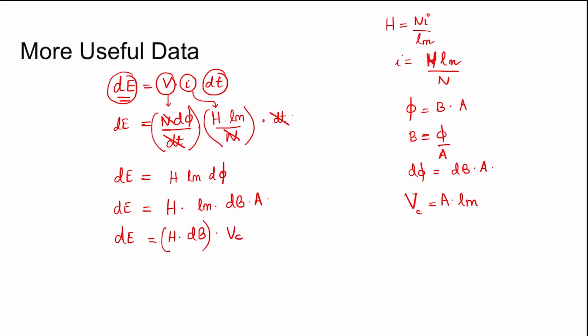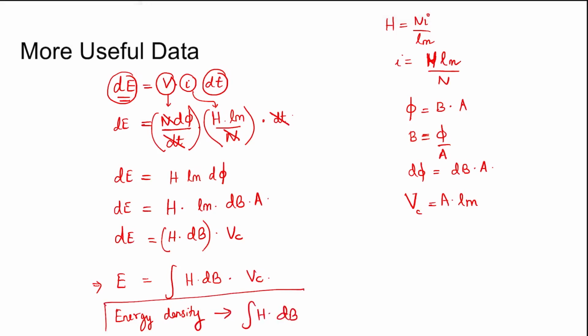Now energy hence is integral H dB into Vc. Now energy density, that is energy per volume of core, is integral H dB. So this is the formula.